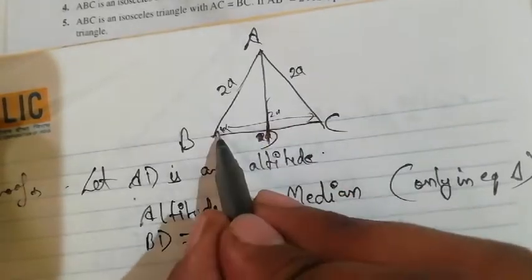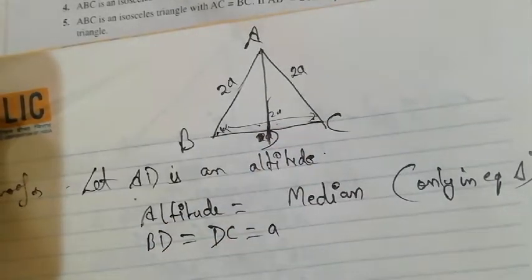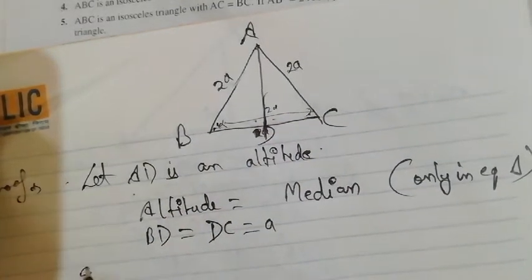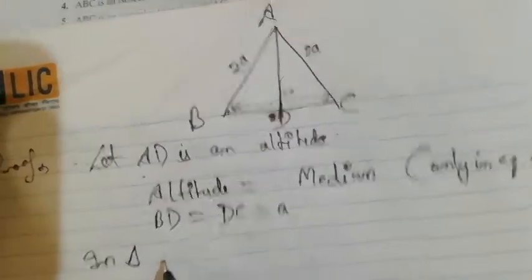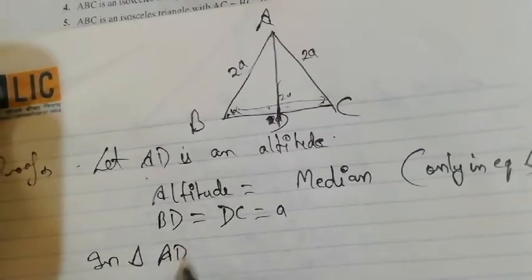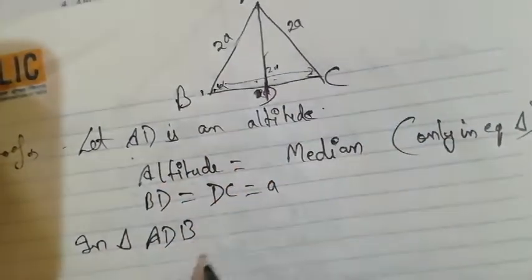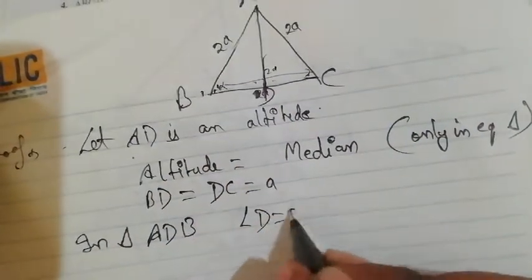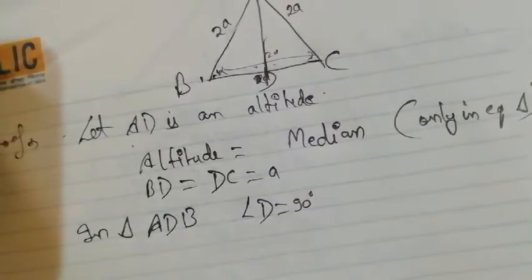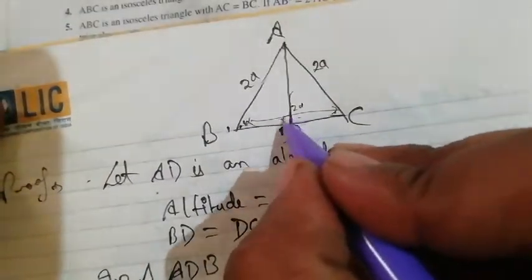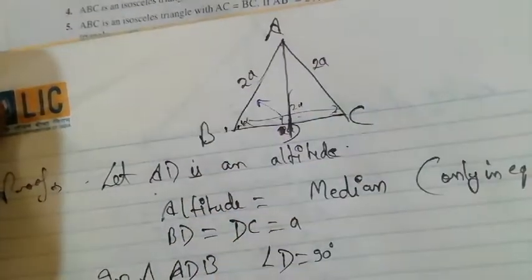If it is a median, then this part will be A and this part will be A. Now in triangle ADB, angle D is equal to 90 degrees because it is an altitude. The side opposite to 90 degrees will be the hypotenuse.